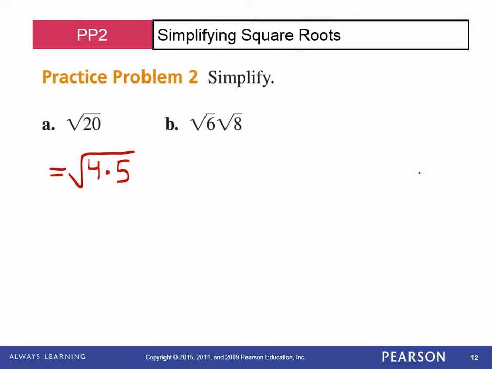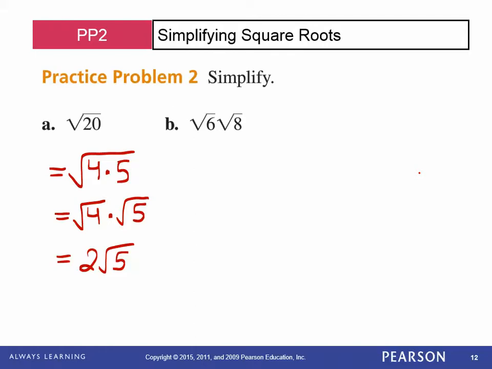So that means I can split this off two different pieces here. So really this is the square root of 4 times the square root of 5. And then we know that the square root of 4 is 2, so then it's 2 radical 5. Again, we're just simplifying it. I just want to show you, I think we do that in our heads real quick here, right? Don't we? Like, we say, oh yeah, that's 4 times 5, so that means that becomes a 2, so it's 2 radical 5. Alright, but again, just working with the principle here.